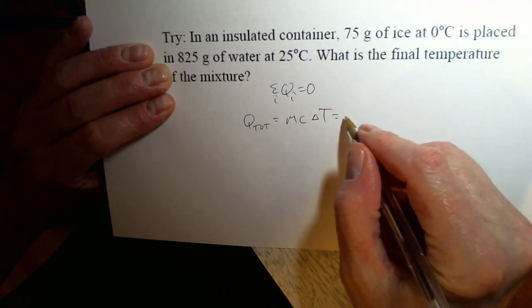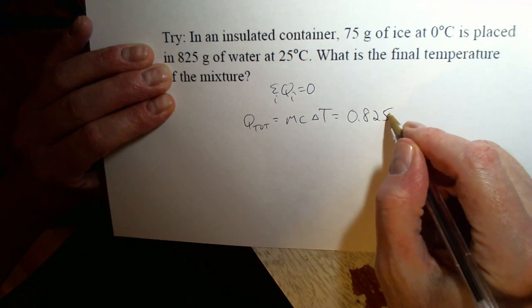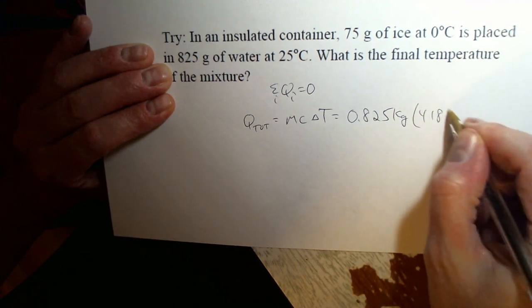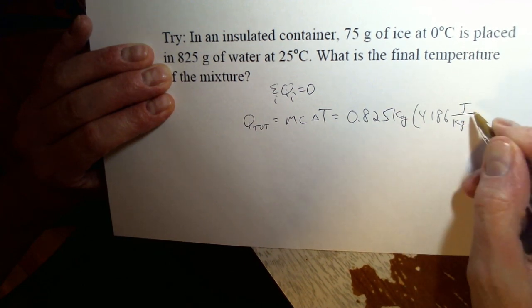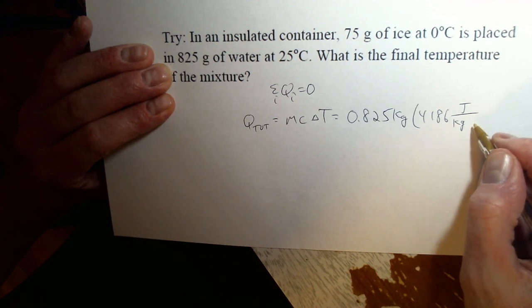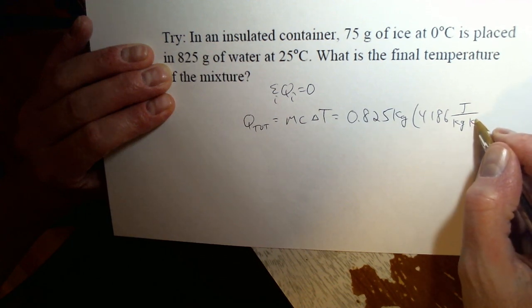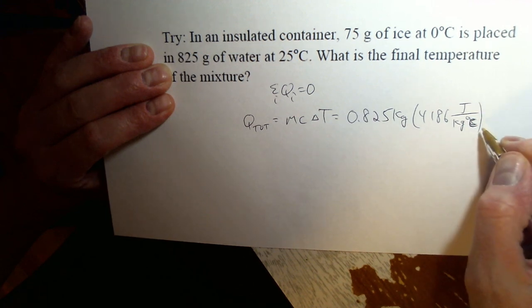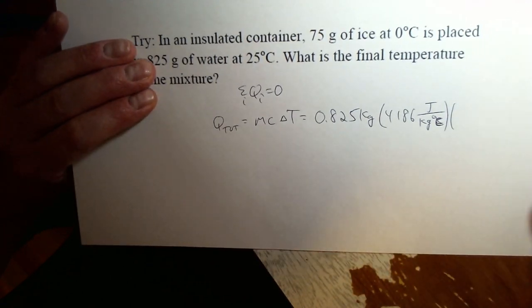The mass is 825 grams, so I'll put that in MKS units, 0.825 kilograms, times C, 4186 joules per kilogram Kelvin, or degree centigrade. Times change in temperature, it's from 25 degrees to 0.